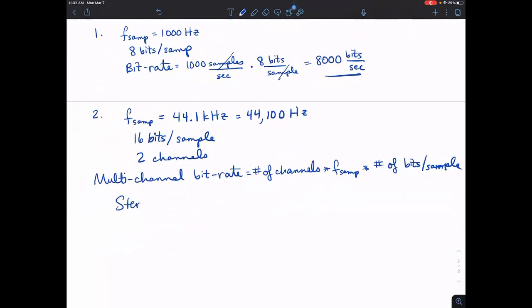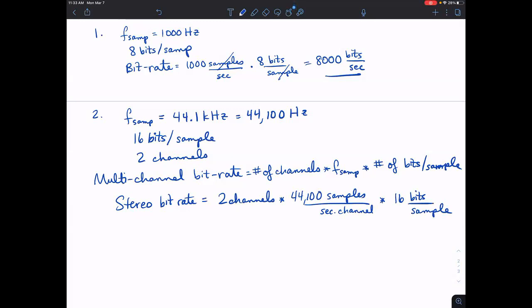So in this case, the stereo bit rate is going to be 2 channels, times 44,100 samples per second per channel, times 16 bits per sample.